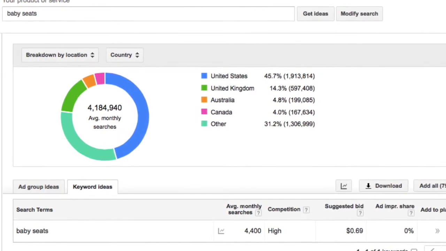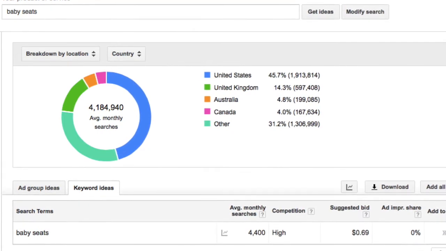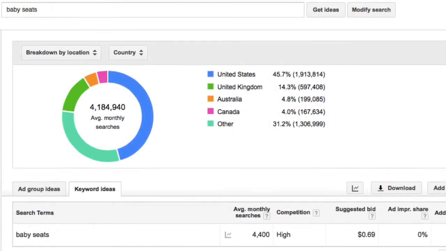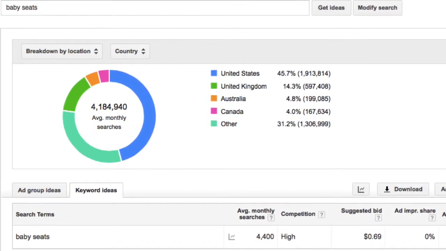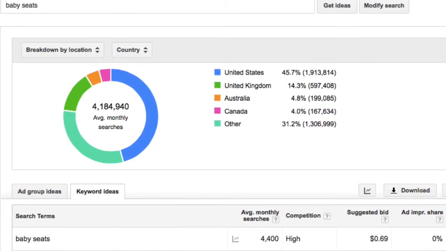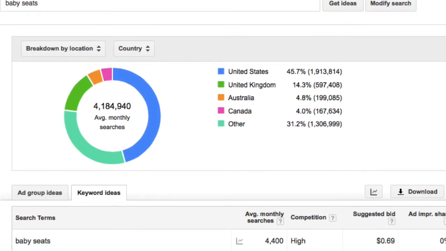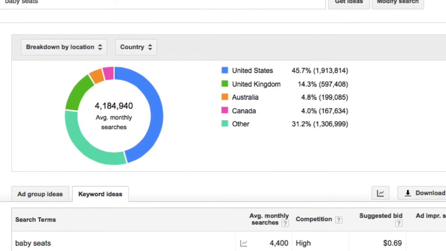So in the example of baby seats, I can see that the majority of people searching are from the US, UK and Australia. That is good because these are the countries where most people have access to credit cards, where their disposable income is high, and also they are quite accustomed to the idea of buying online.